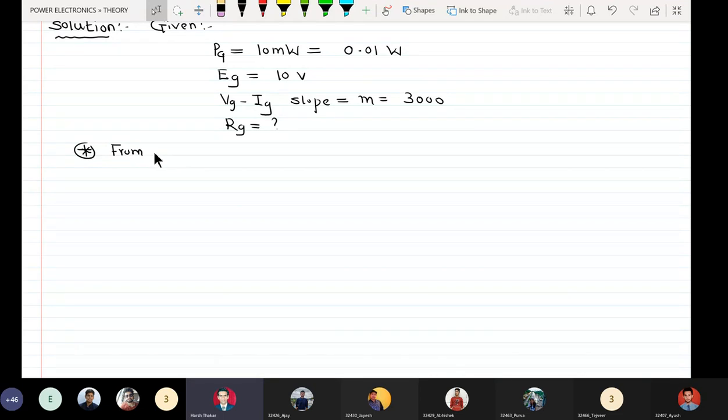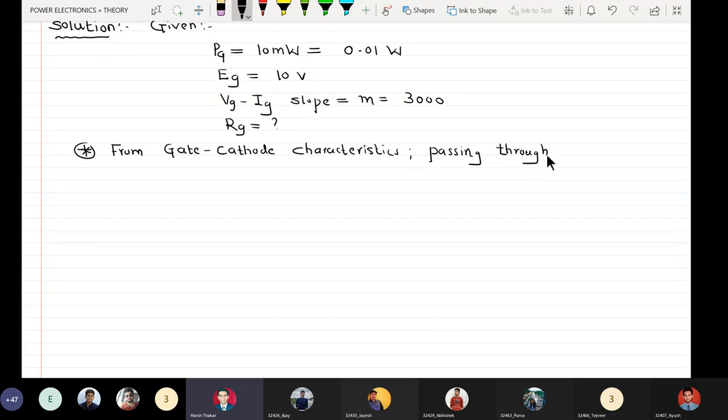So from the gate cathode characteristics passing through origin, we have Vg equal to 3000 times Ig.